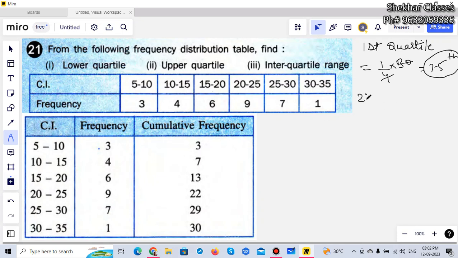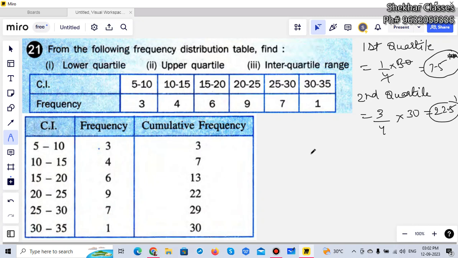And the third quartile will be 3/4 of 30. So how much is that? 7 3s are 21, so 22.5. We cannot find this term in the table, but it is the one which will be there after this.